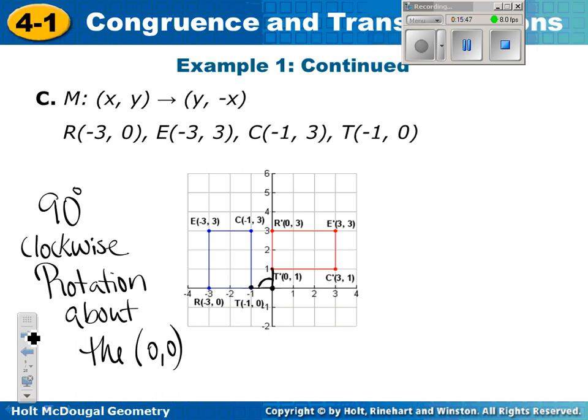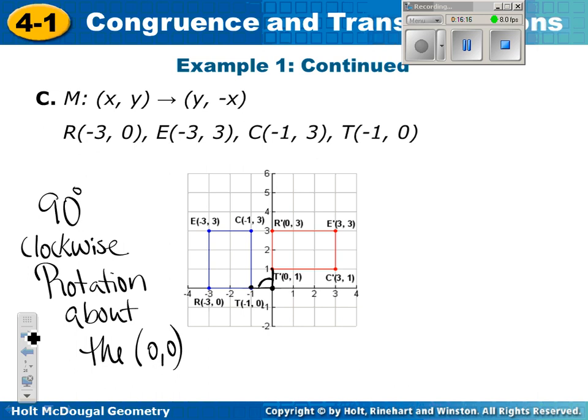So we're going to switch the x and the y, but this time if we're going counterclockwise, instead of going from first quadrant to fourth quadrant, we're going from first quadrant to the second quadrant. In an ordered pair, is it the first number that's negative or the second number that's negative in the second quadrant? The first. So when we switch, we get yx, but it's the first number this time that's going to be negative.